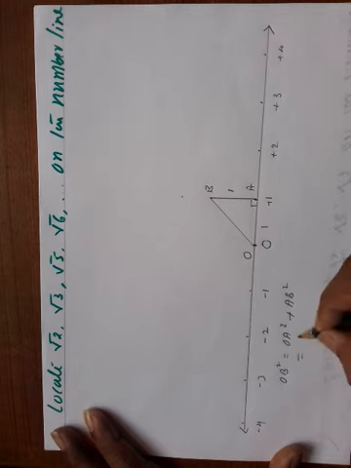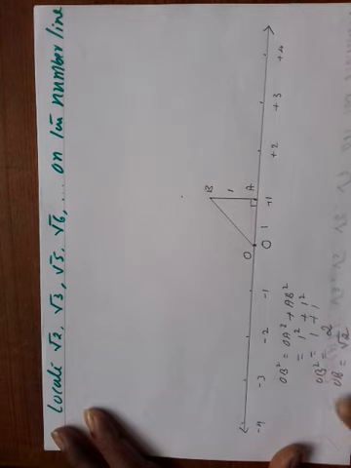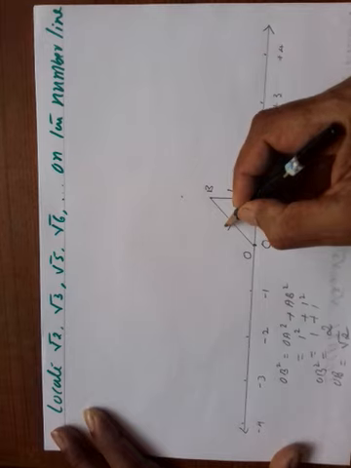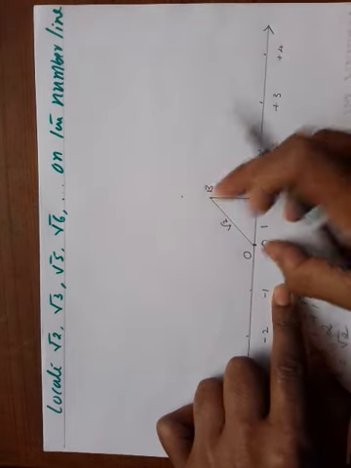OA square is 1, AB square is also 1. So 1 plus 1 is equal to 2. So OB square is 2. On taking square roots on either side, OB equals root 2. This length OB is root 2.